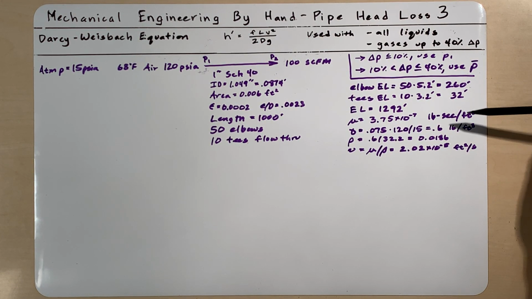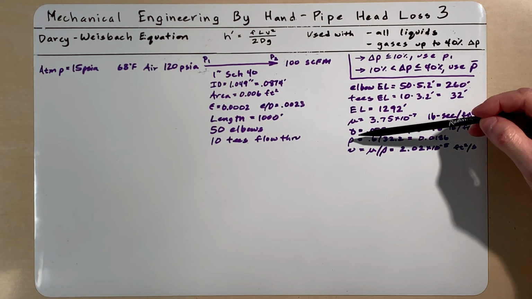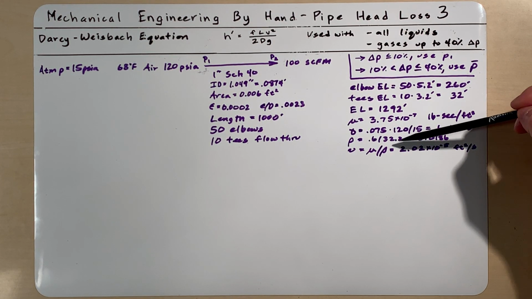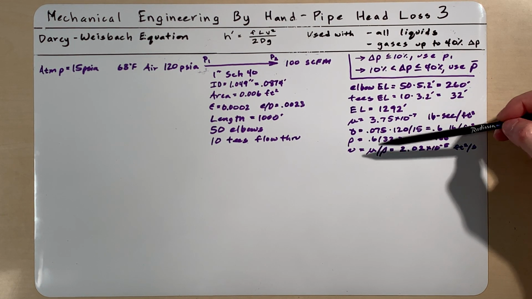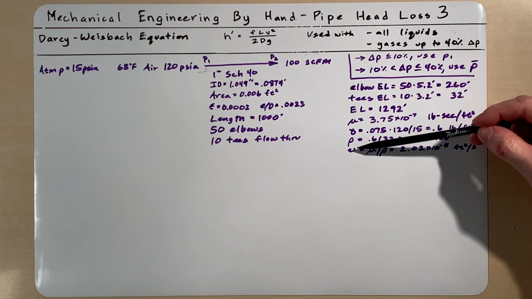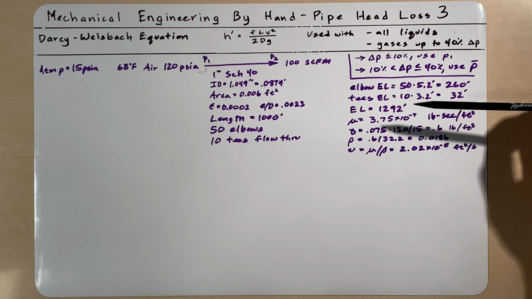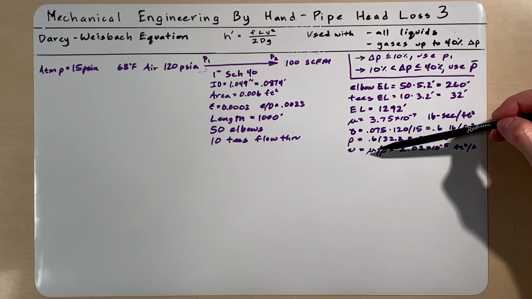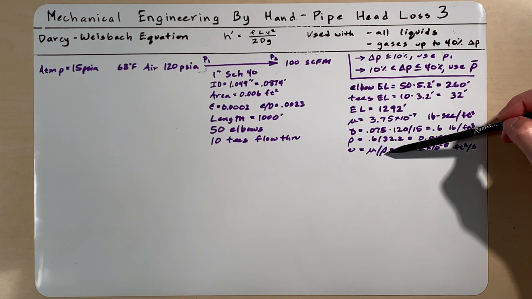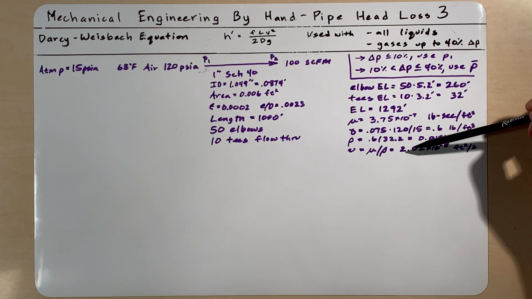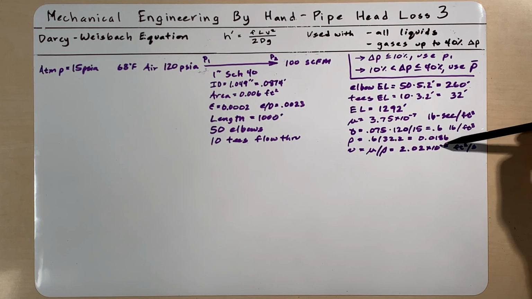So we have 0.6 pounds per cubic foot, and then the density of that air would be the 0.6 divided by gravity, so 0.0186 slugs per cubic foot. And then the kinematic viscosity, which we'll use to calculate the Reynolds number, is the absolute viscosity divided by the density, and so that is 2.02 times 10 to the negative 5.